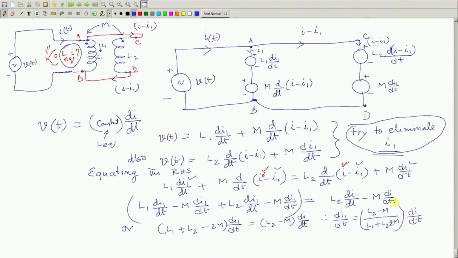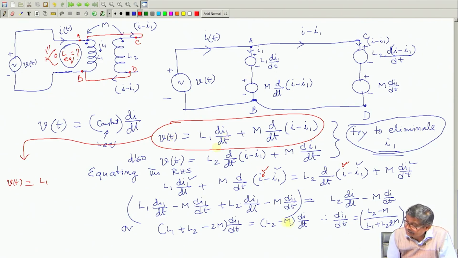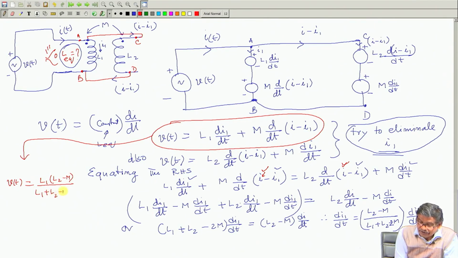So, I will now suppose take this equation, and I will not complete it, I leave it to you. Then V t is equal to L 1 into d I 1 dt, and d I 1 dt is this one, L 2 minus m divided by L 1 plus L 2 minus 2 m into d I dt. This is the first term.